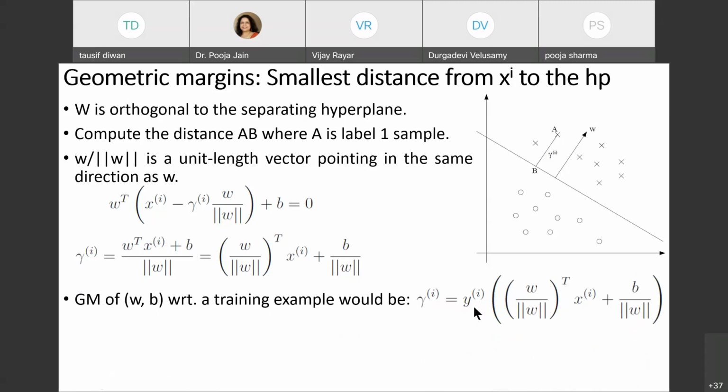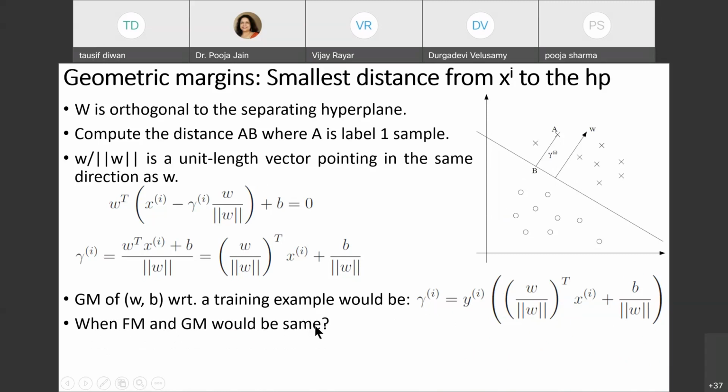If the label is -1, then this entire expression should be negative. Why? Because this is just a distance. The distance may be on this side only or maybe on the other side. Distance should be positive, the same thing as happened in the case of functional margin. So this is just the geometric margin corresponding to the ith training sample.